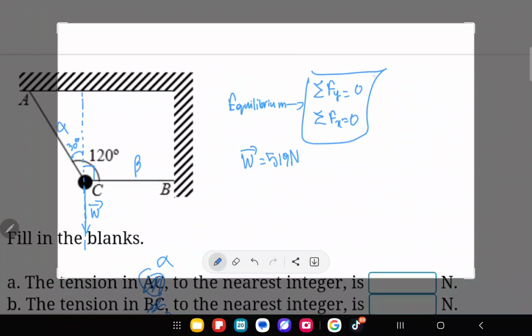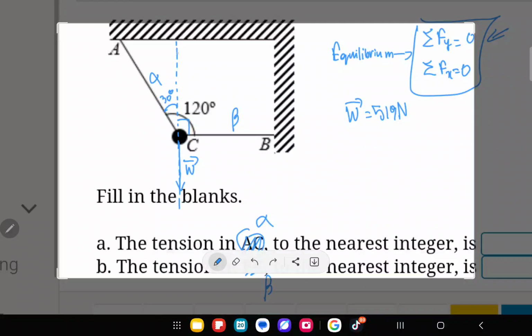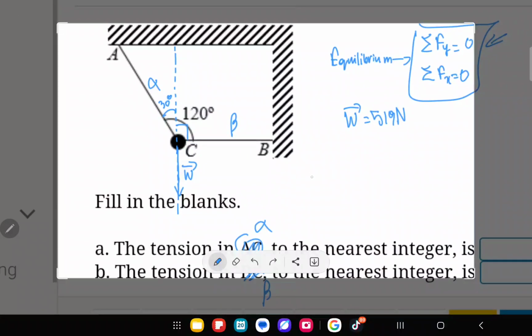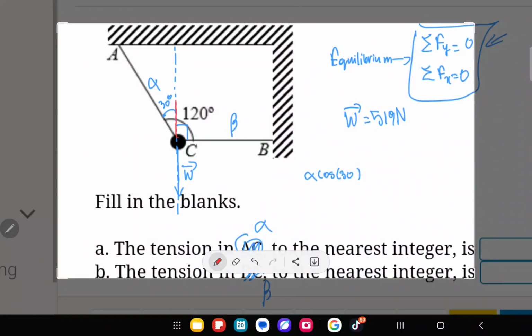So what we must be using is this one over here. To get the y component of alpha, we must do alpha cosine 30. Because you see over here, if you flip it, this line that right now I'm going to outline in red is adjacent. So when it's adjacent, we apply cosine.